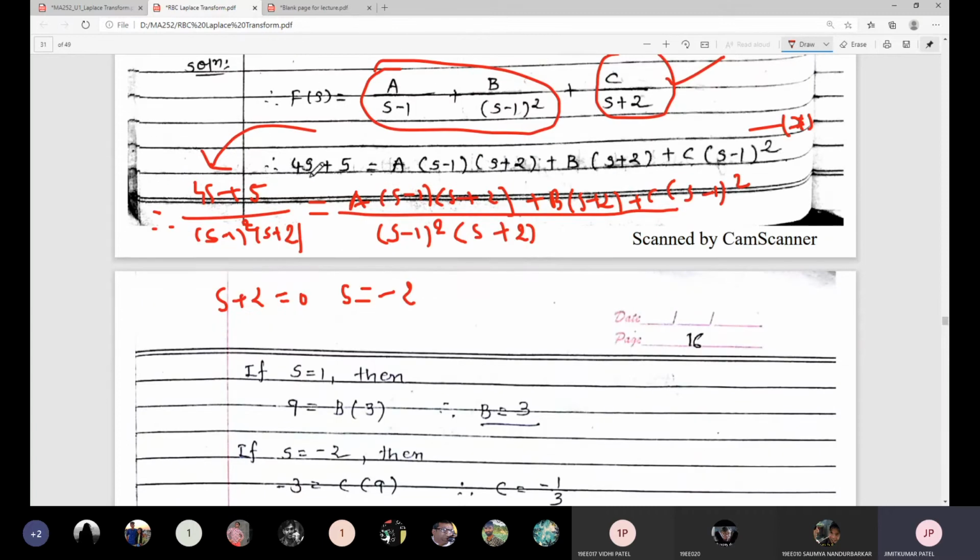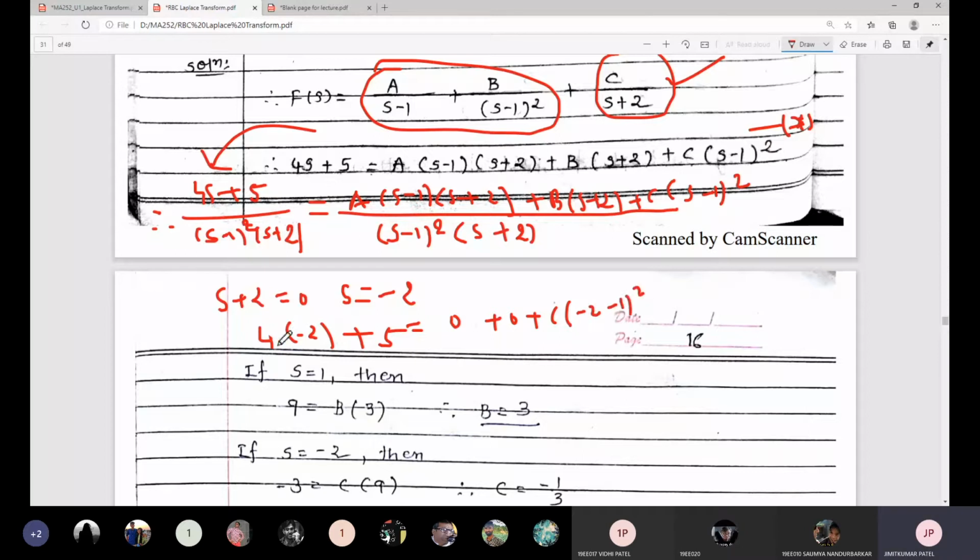So 4 into -2 plus 5 is equal to A into (-2 + 2), the first term will be 0. As (-2 + 2) is 0, the second term will be 0. And the third term is C into (-2 - 1) whole square.